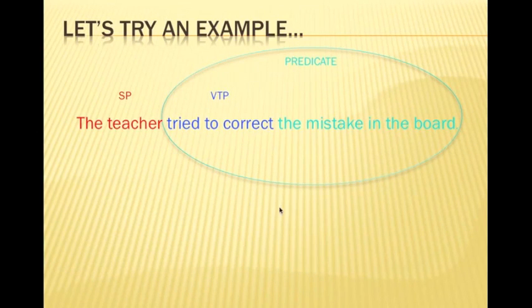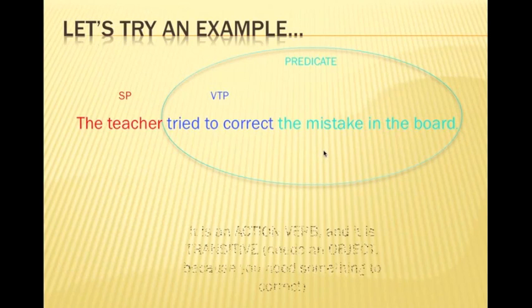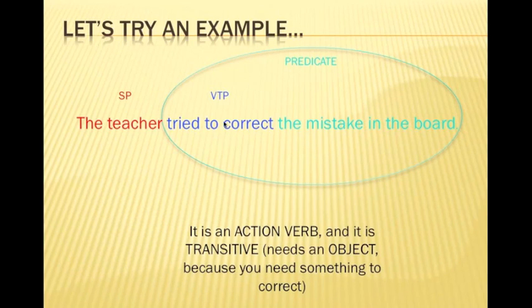Now I put a circle to make it a little easier for us to see where the predicate is. Again, the verb, remember, is part of the predicate idea. It is an action verb because to try is to do something. Basically, it means you're trying it as an action. And it does appear to be a transitive verb, because when you try to correct, you generally try to correct something.